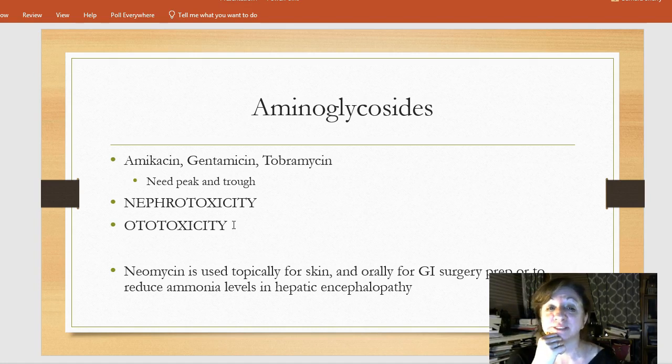Gentamicin, tobramycin, and they also need to be monitored, their peak and trough. So we monitor levels because they can become toxic. We'll look at their kidney functions, monitor the levels that they get, and make sure it's at a level that's going to work and that we don't do damage to the kidneys and the hearing.